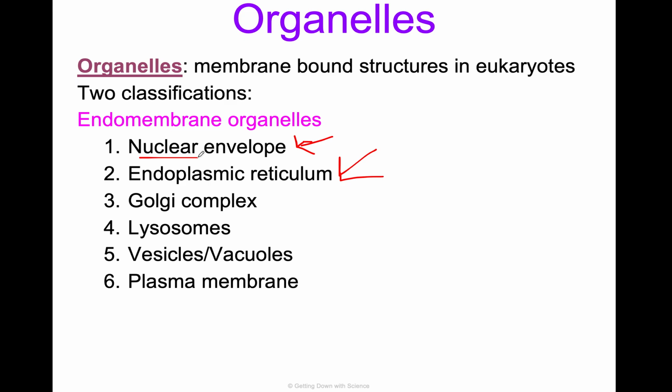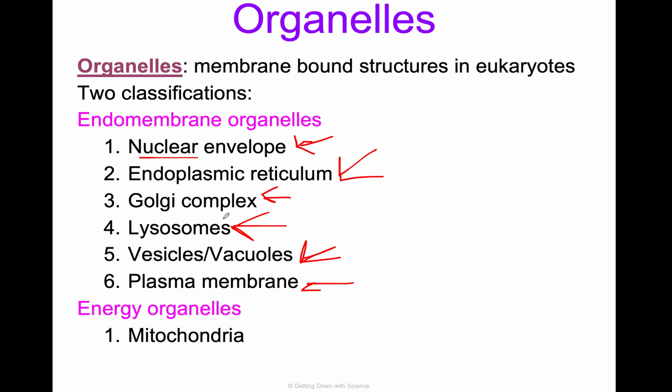And its function is to sort of receive the mRNA or the DNA from the nucleus itself. Golgi complex kind of packages it up. Lysosomes take out the gross stuff and all the trash. Vesicles and vacuoles are just like what they sound like. My water bottle is a vesicle for water. Like they take things in. Plasma membranes obviously hold everything together.